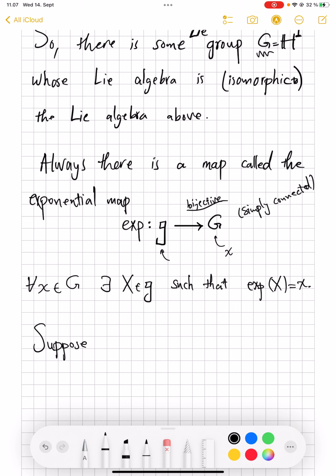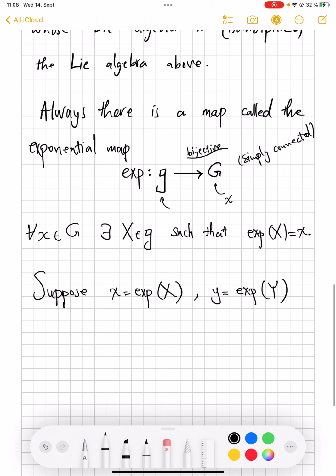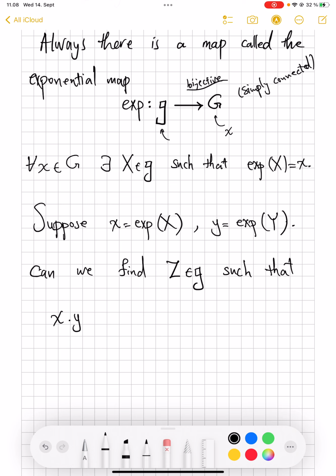Suppose you know that this element x comes from the exponential of a vector X, and your element y comes from the exponential of another vector Y. Can we find z in the Lie algebra such that x multiplied with y, this multiplication is happening in the capital G, in the group.